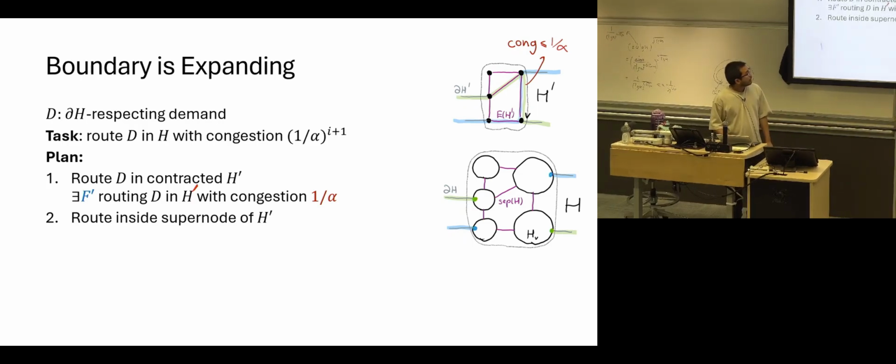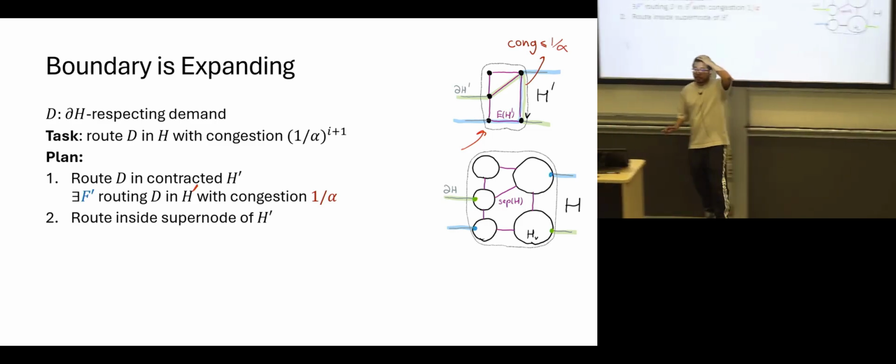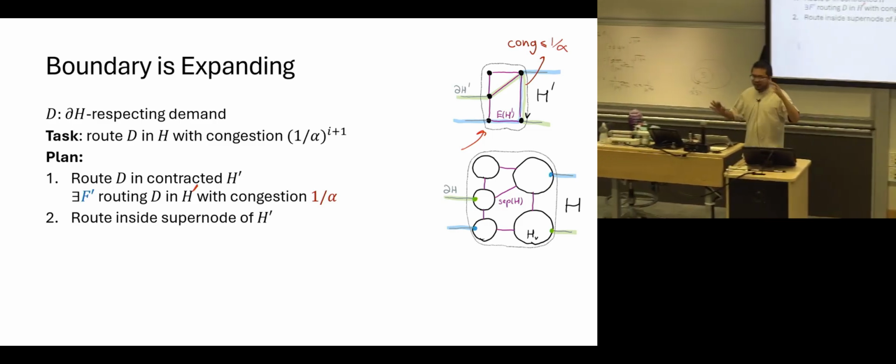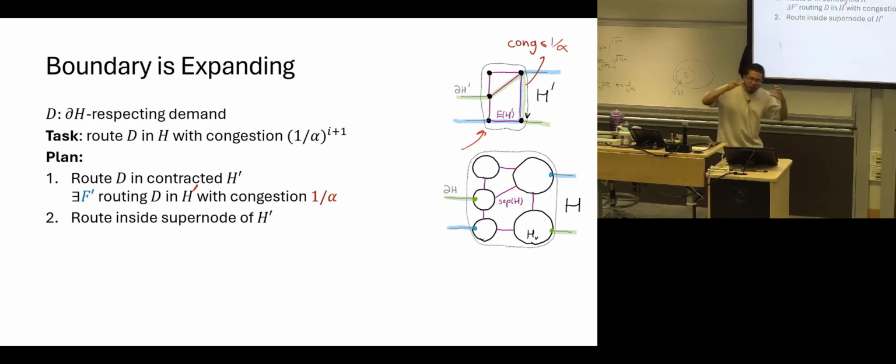Right. So now we have a way to route in H prime, which is basically a way to route between supernodes of H. That basically induces how we should route inside each supernode.